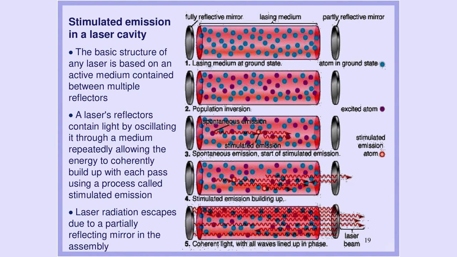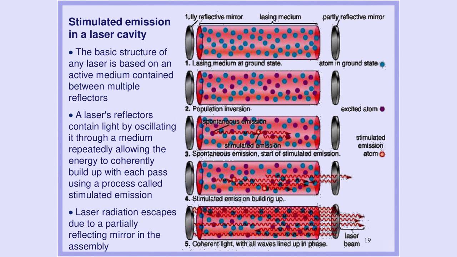partly reflective mirrors. The neon atoms in normal state are shown in the first diagram. The diagram 2 shows population inversion achieved.